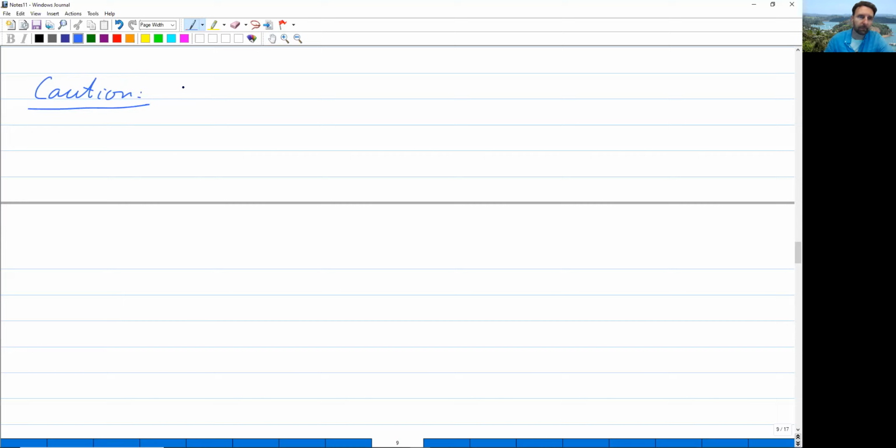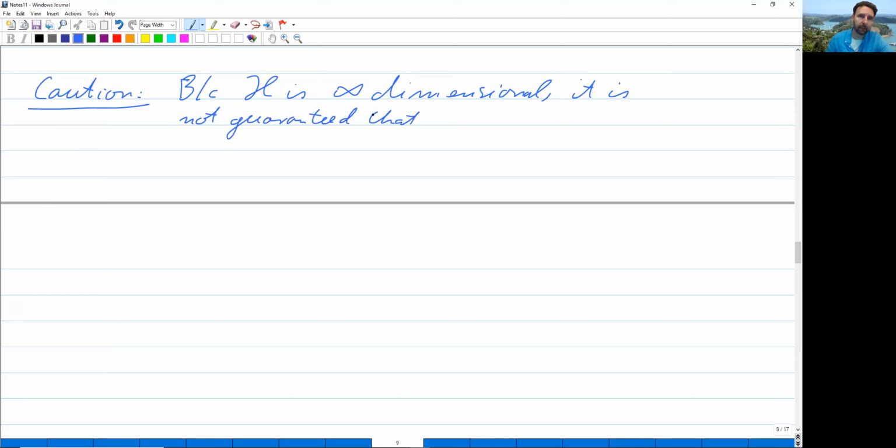So because the Hilbert space is infinite dimensional, we have that it is not guaranteed that if psi is in the Hilbert space, then also f hat acting on psi is in the Hilbert space.